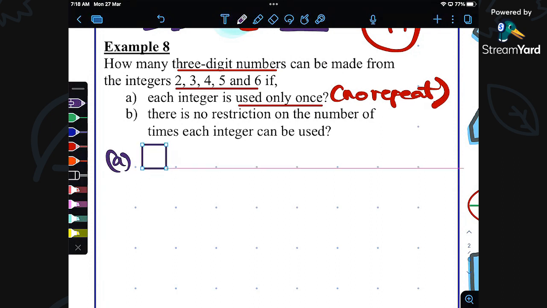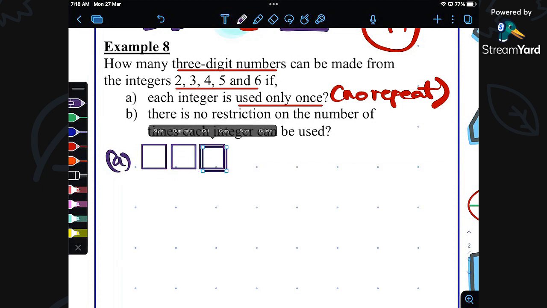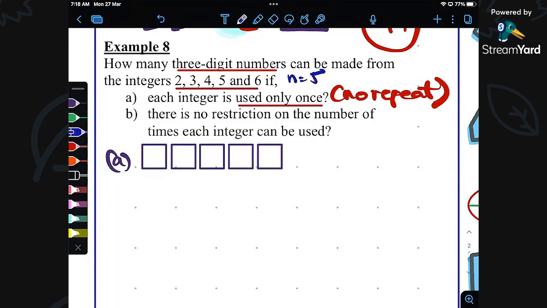The box means represent each digit lah. Okay, so how many numbers do we have there? 1, 2, 3, 4, 5. Still the same 5. So please create the boxes first. So we have here n, which is 5 because got 5 numbers here. And so dia kata each integer is used only once.